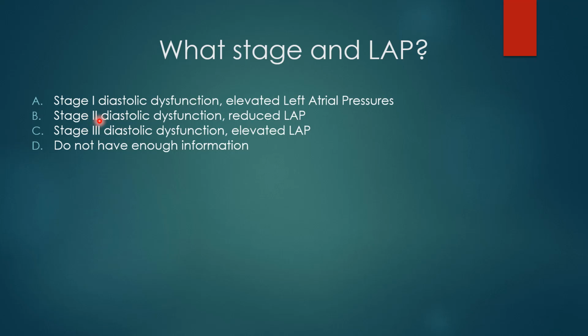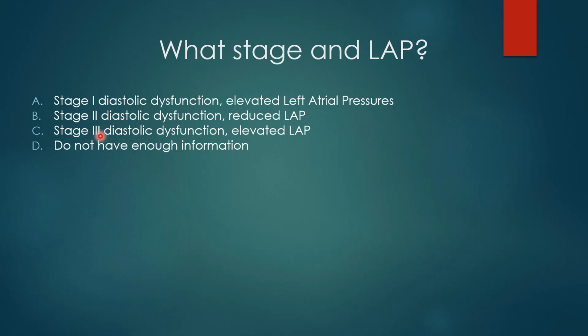Stage 2 or 3, or the theoretical 4, where the filling pressures don't really change much and the morphology doesn't change even with diuresis. So 2 to 3 is what I'm trying to figure out. But my E to A ratio is greater than 2. If that's the case, typically you're more likely to be in stage 3, so a more advanced setting.